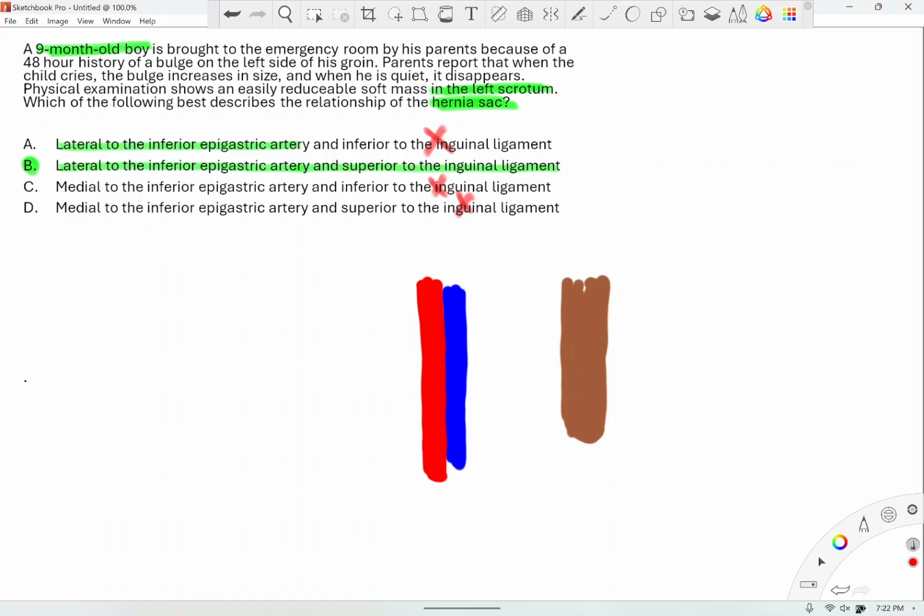And then the femoral artery gives a branch called the inferior epigastric artery. Same with the vein, they go together like that.